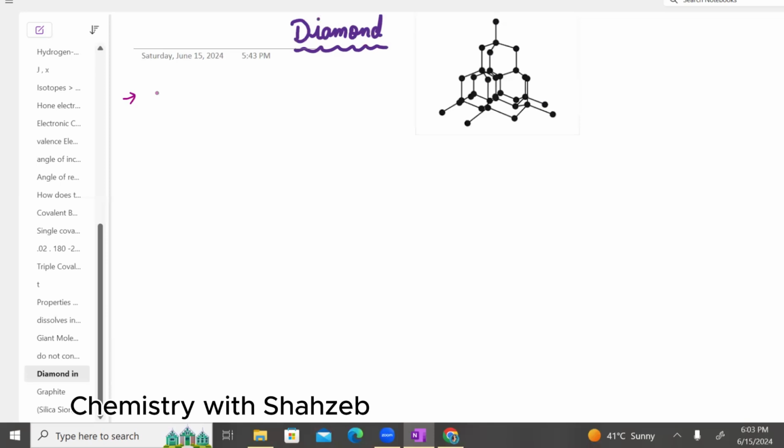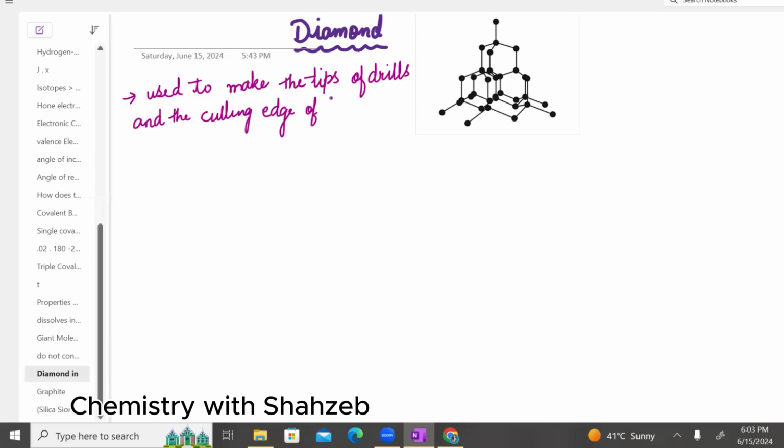First of all, diamond is used to make the tips of drills and the cutting edges of other tools.